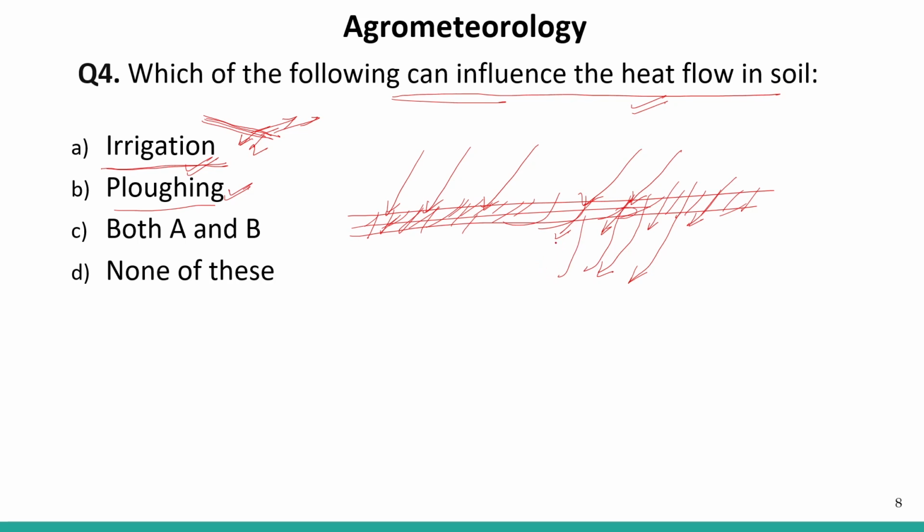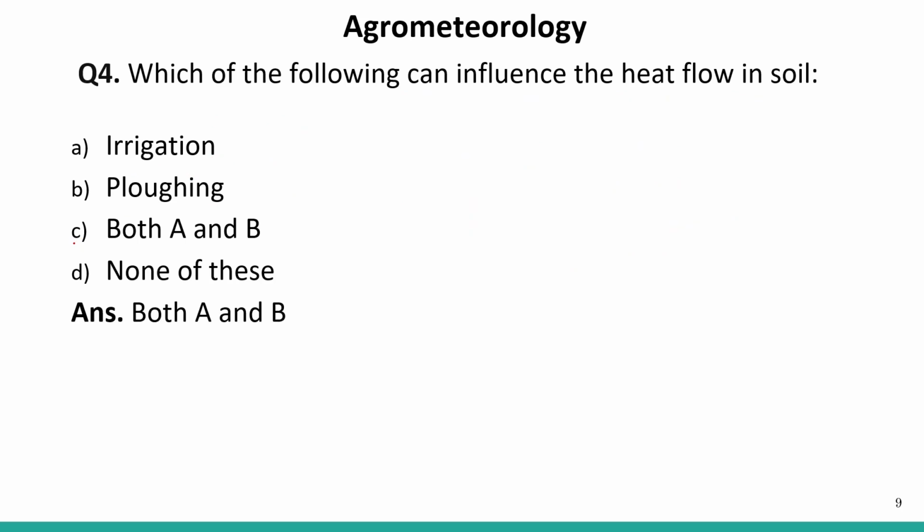So both processes help heat flow into the soil. So the correct answer is both A and B. Heat flow in soil can be done with the help of irrigation as well as the plowing process.